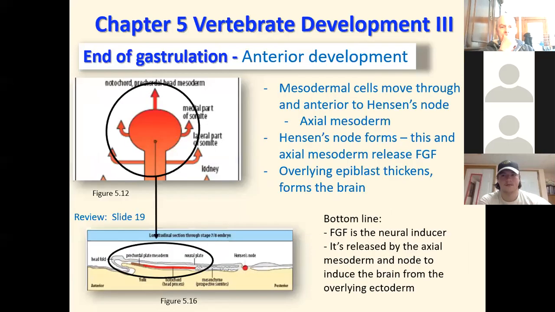Okay, so now neurulation. So before neurulation even starts, as I just said, you've got cells coming in through Hensen's node and going forward and anterior. And that's what this is, going lateral and anterior, and that's going under that ectoderm.